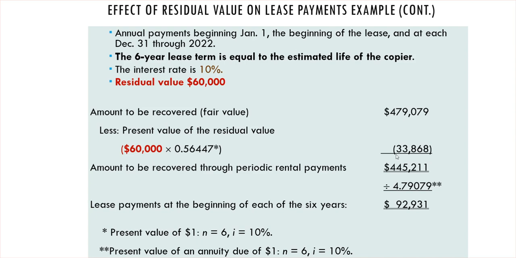It's this amount. So I guess if I add this amount to this amount, that should be my total present value calculation, shouldn't it? So it's a little confusing the way the textbook does it, the way this example is laid out, but understand there's two present value streams. There's a present value of the residual, which is guaranteed, and the present value of those annuity payments.